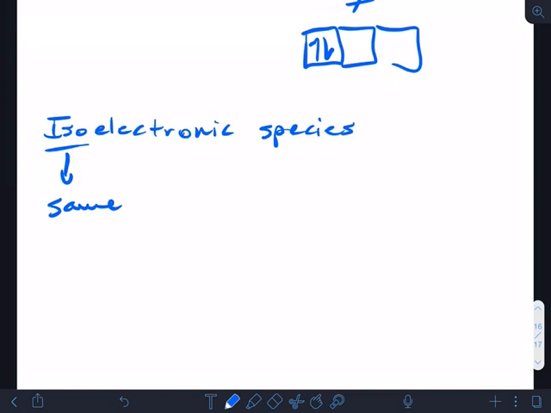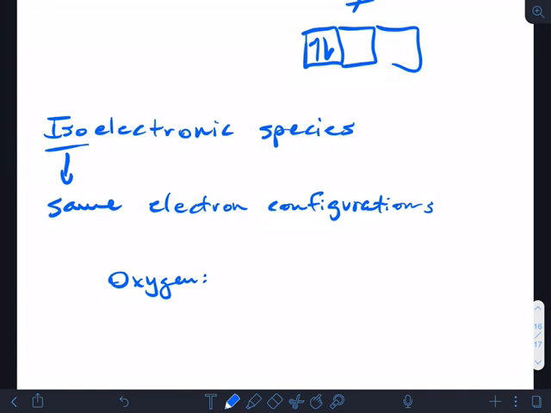So the idea here is that we're talking about different species that have the same electron configurations. And this can happen because of ions. Okay? So let's talk about oxygen.